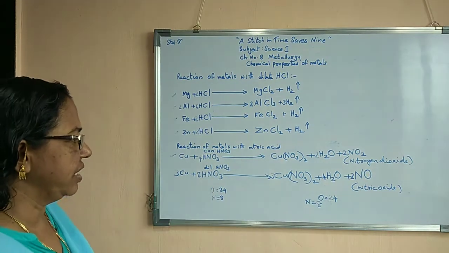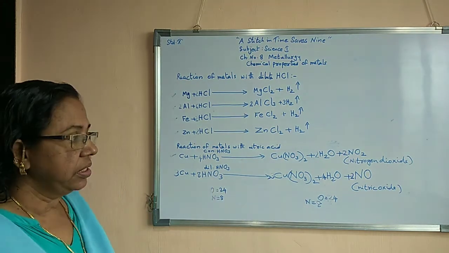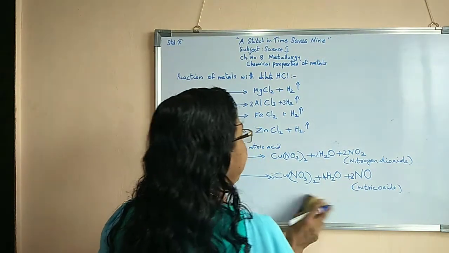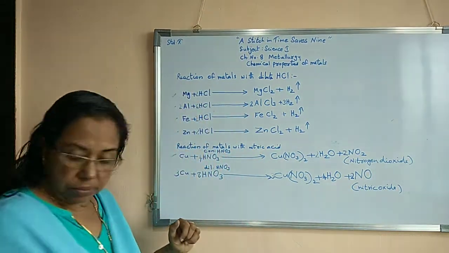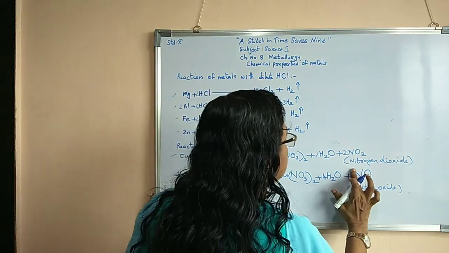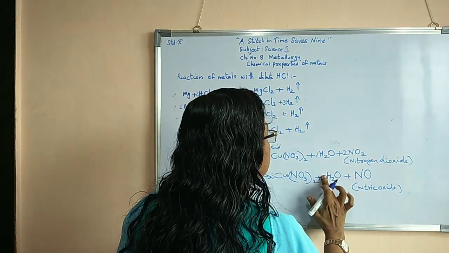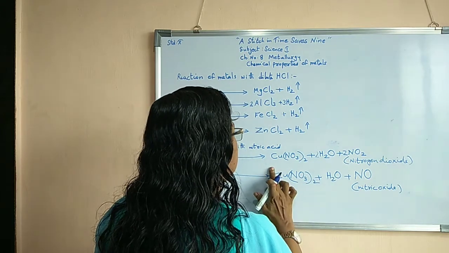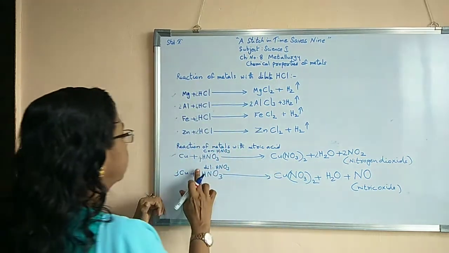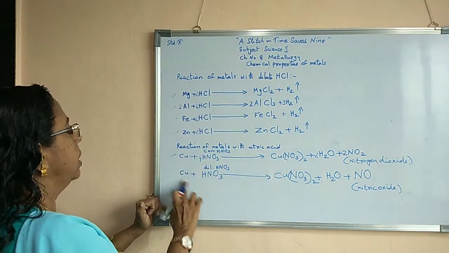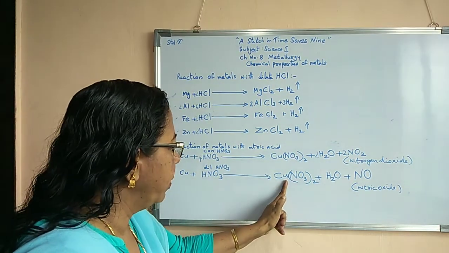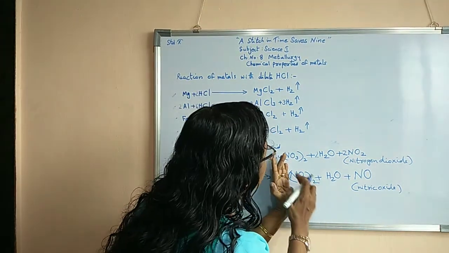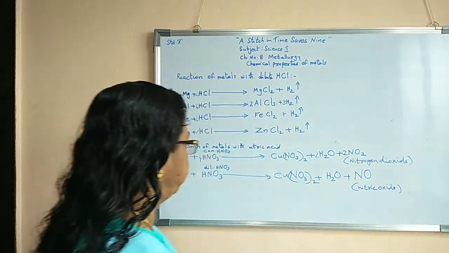Once again this equation we will balance and see because it is a bit difficult. Now we'll see here copper 1, here also copper 1. This 2 is for only this NO3 group.